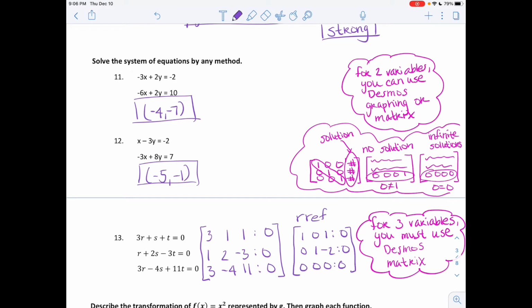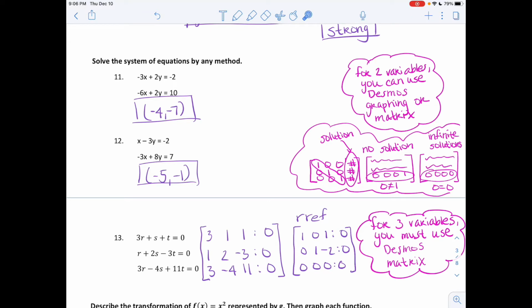The first thing we want to look for is whether we have a diagonal row of 1s. If we do, then our solution becomes the numbers along the right-hand side. I look across here: I have 1, 1, but then I have a 0. So I do not have a diagonal row of 1s. That means that there is not a single solution.